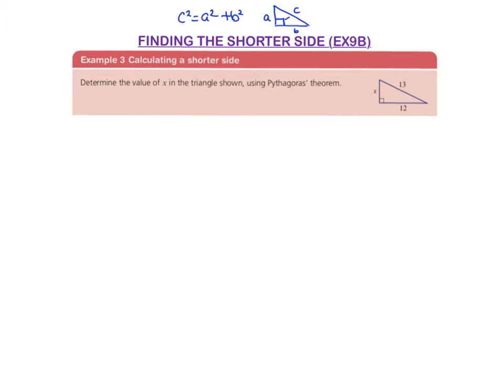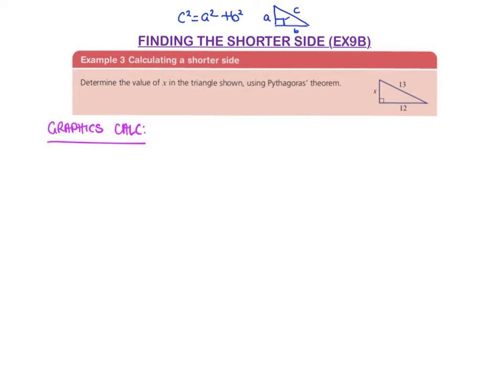Today, when they say we're going to find the shorter side, we're just doing questions where it's not the hypotenuse, it's the other one. I'm going to use the graphics calculator, and we can do it exactly the same way as we were doing it the other day.